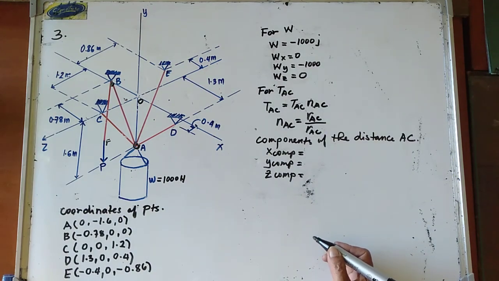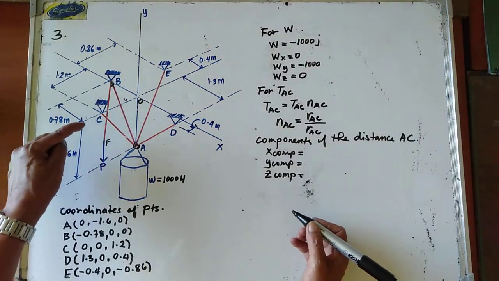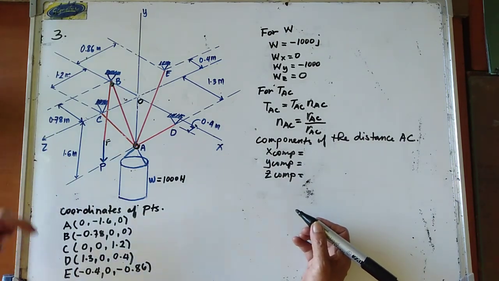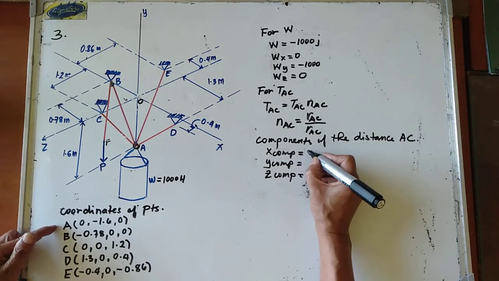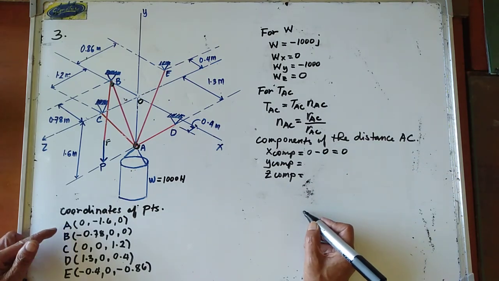That is from A to C. So we have C minus A. For the X, this is equal to 0.